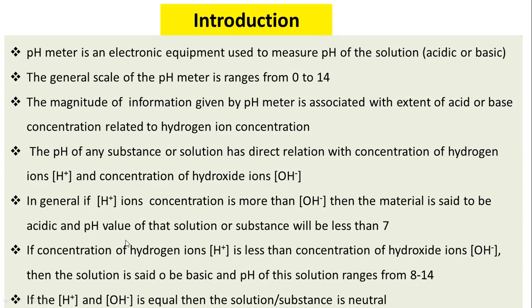And if the H+ and OH− ion concentrations are equal, then the solution is termed a neutral solution. In that case, the pH of the solution will be approximately 7.